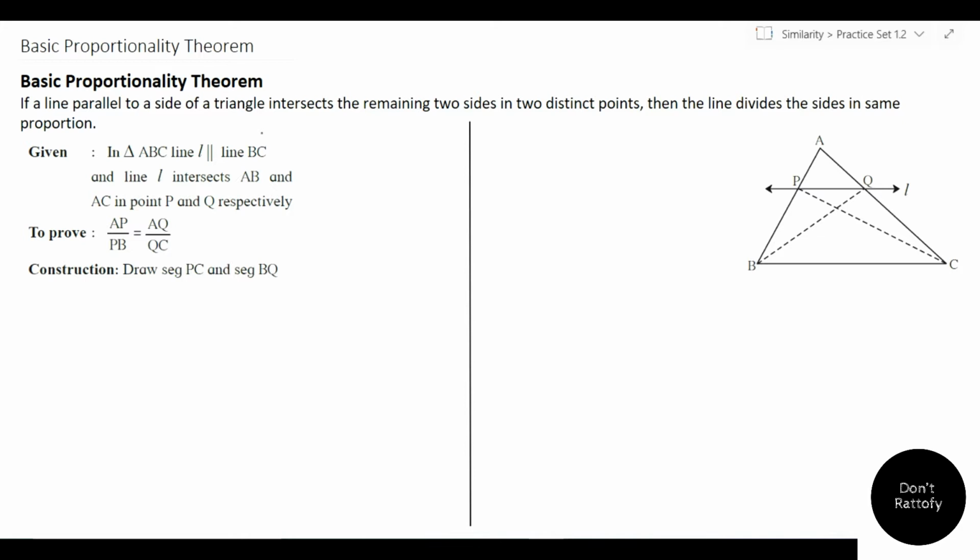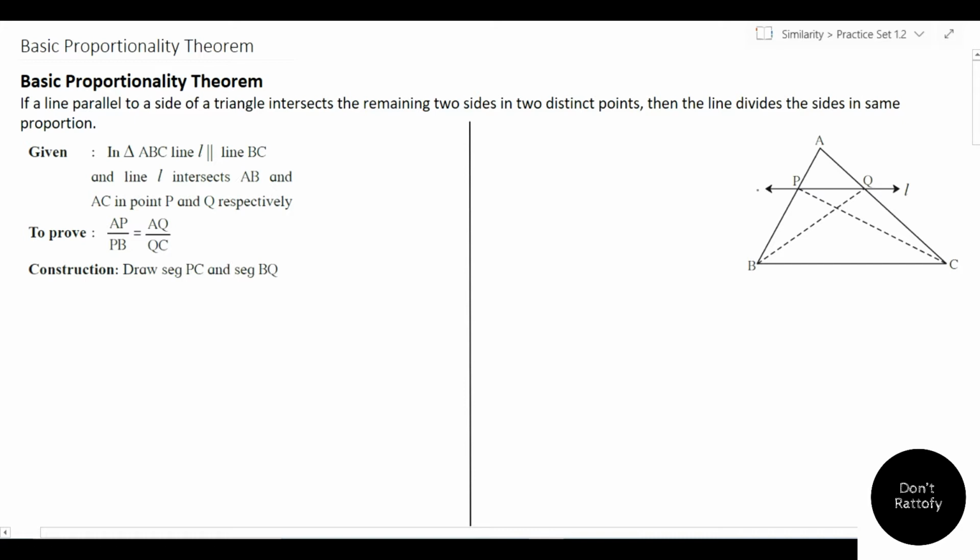That is, in the figure, in triangle ABC, the line L is intersecting sides AB and AC in two distinct points, P and Q. Then the line is dividing the sides in the same proportion.